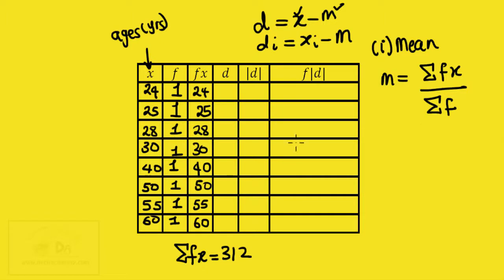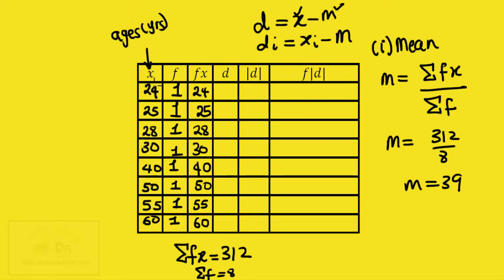The sum of the frequencies is 8: 1 plus 1 plus and so on, the number of members in our data set. So our mean is given by 312 divided by 8. Our mean is 39.